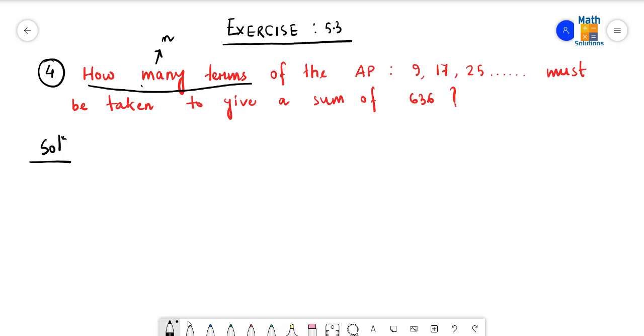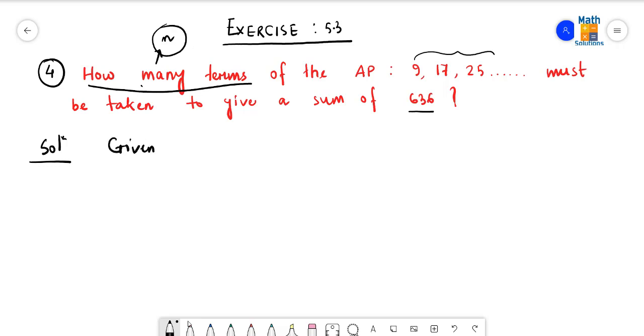Here we can find the value of the first term and the common difference from the given AP, and Sn is given to be 636, and we need to find the value of n, the number of terms.